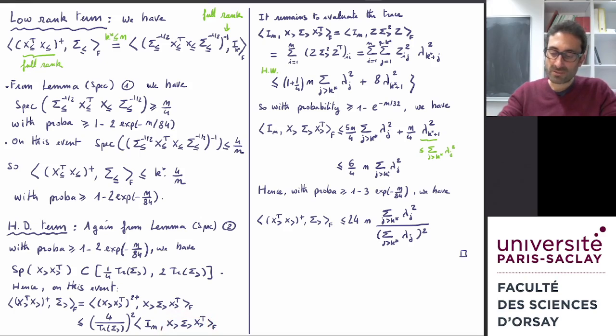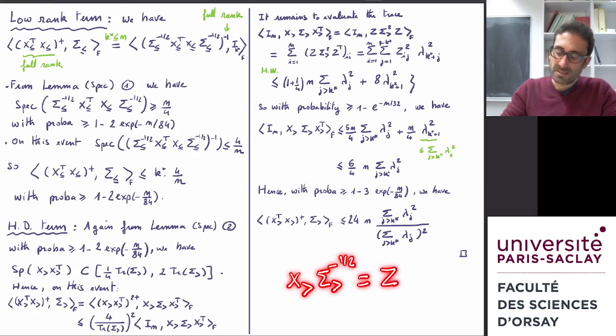So let us analyze this trace. I will do as before. I will use the fact that I can write X large sigma minus I half as some Z, where Z is a matrix with standard Gaussian random variables.